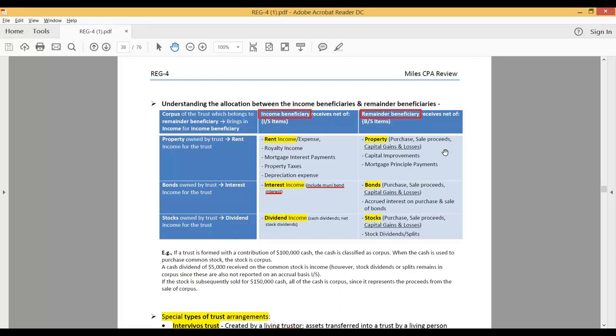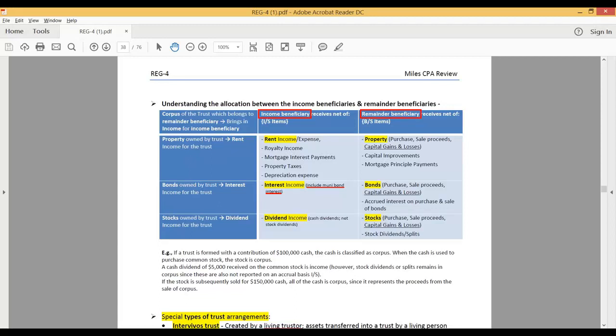Say, for example, we look at bonds. The income that he gets is the interest income, including municipal bond interest. If you look at the corpus, the remainder beneficiary gets affected when the asset is purchased or sold, and they get capital gains and losses and also any accrued interest on purchase and sale of bonds.